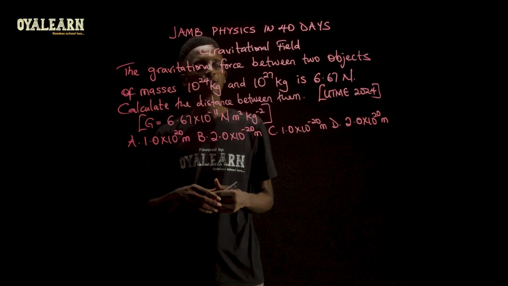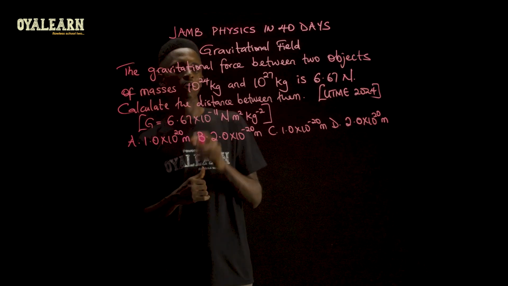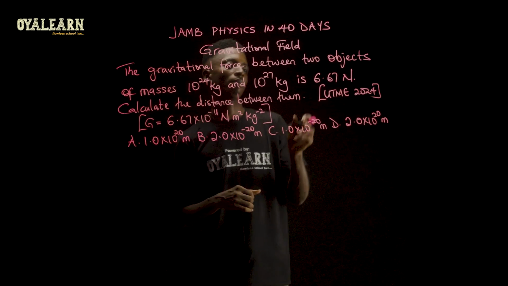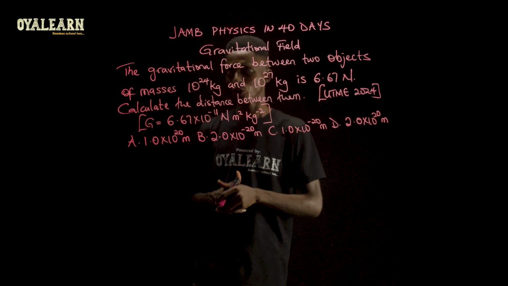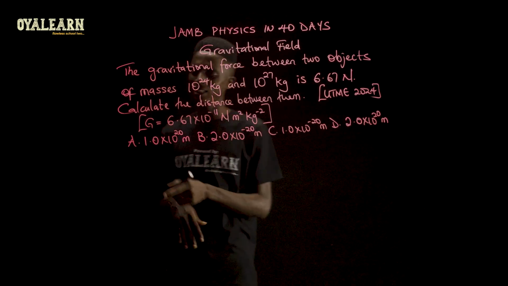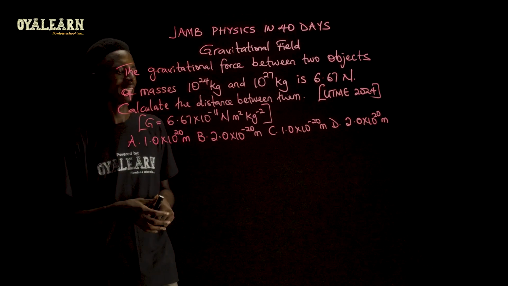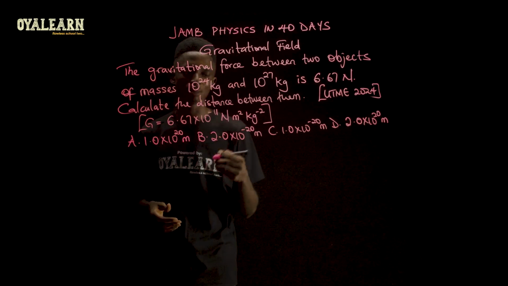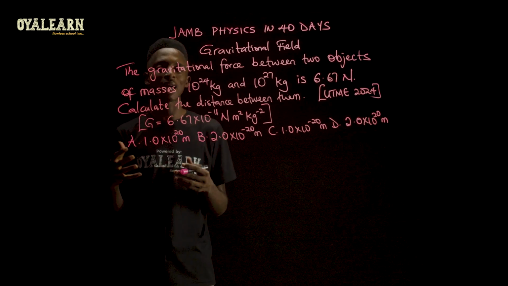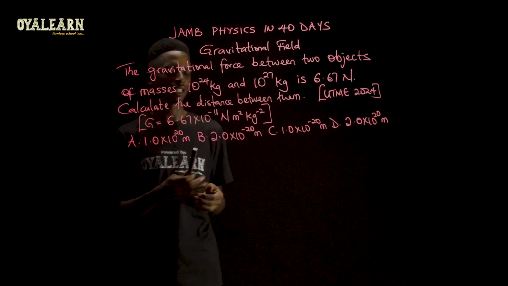The gravitational force between two objects of masses 10 raised to the power of 24 kilogram and 10 raised to the power of 27 kilogram is 6.67 newtons. Calculate the distance between them, taking the gravitational constant as 6.67 times 10 raised to the power negative 11 newton meter square per kilogram squared. Now, what we have to use here is Newton's law of universal gravitation.